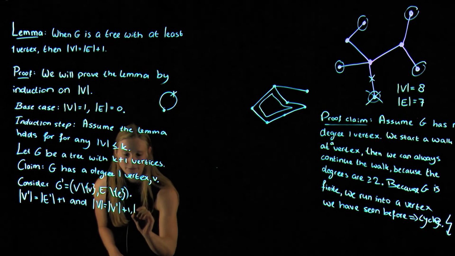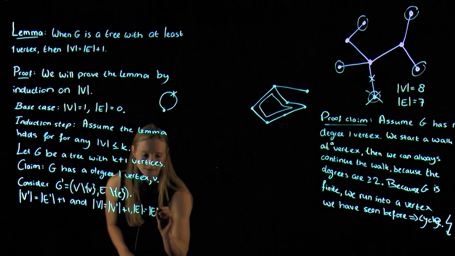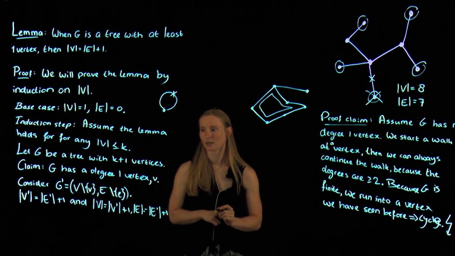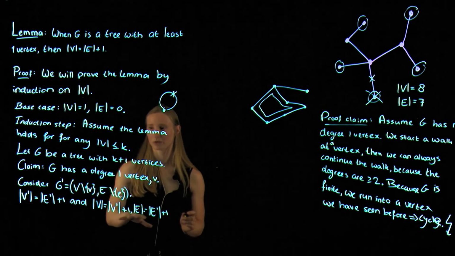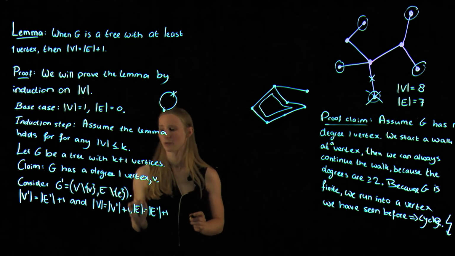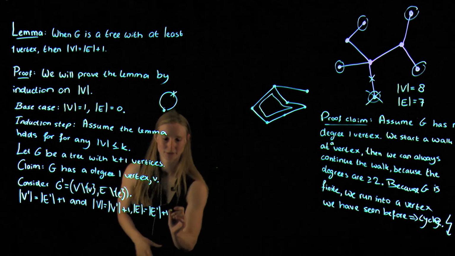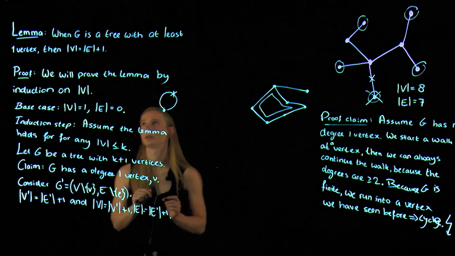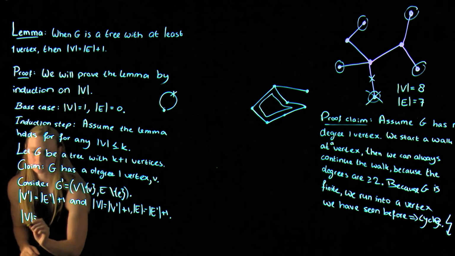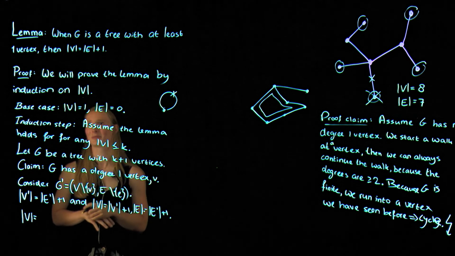And similarly for the edge set, we also have that this is the size of the new edge set plus 1. So then we will try to write down this statement for graph G, and then use these formulas to get to the final proof. So what holds for the size of the vertex set of G?